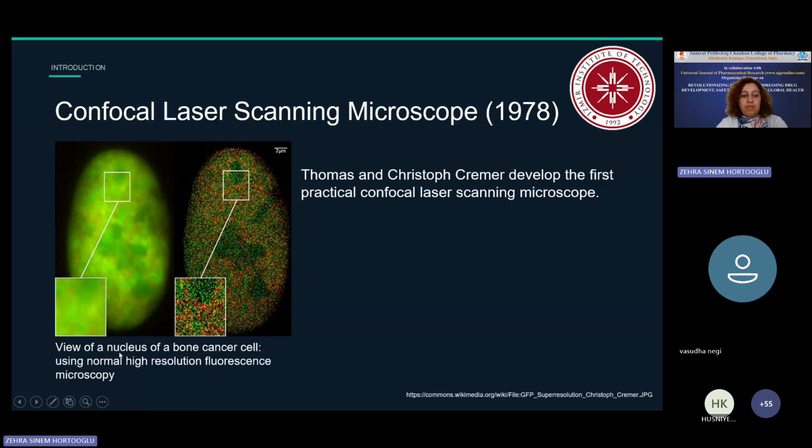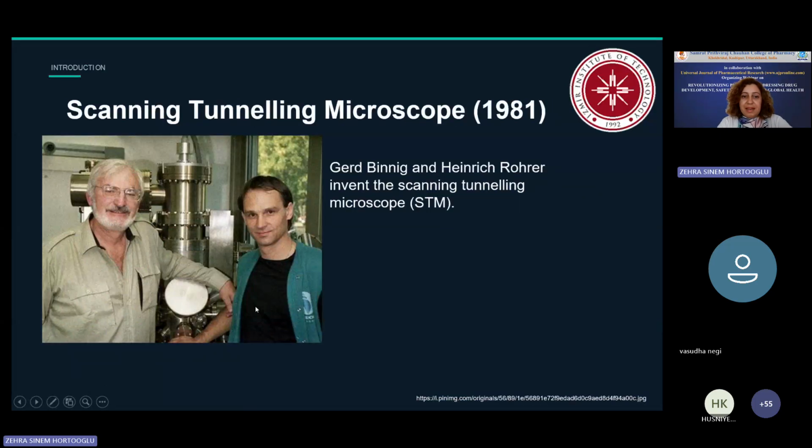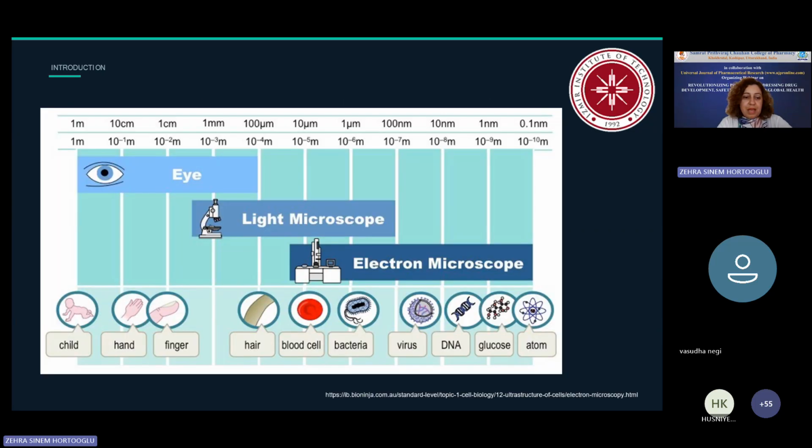This picture is a view of the nucleus of a bone cancer cell using a normal high resolution fluorescence microscope. The scanning tunneling microscope, another name is AFM, was invented by Gerd Binnig and Heinrich Rohrer.